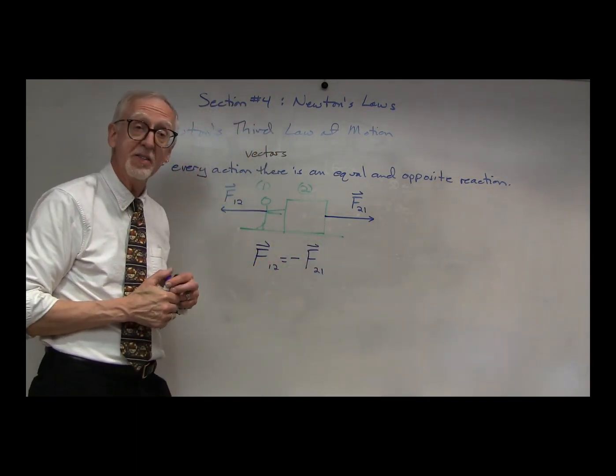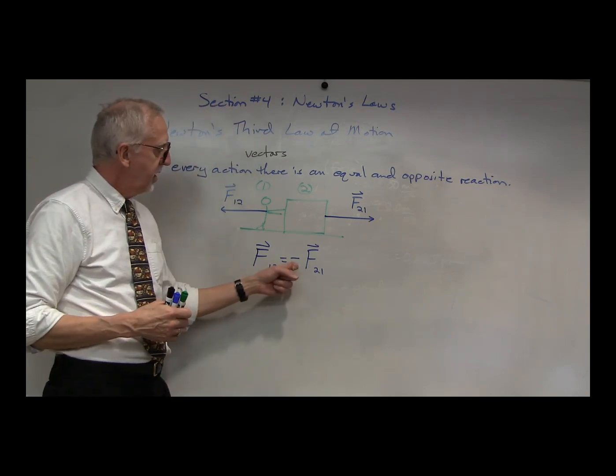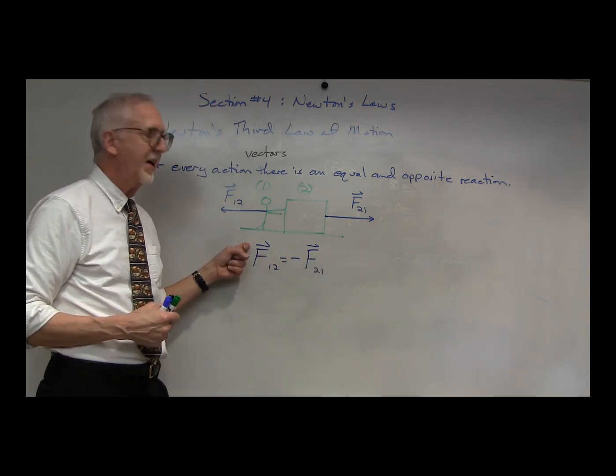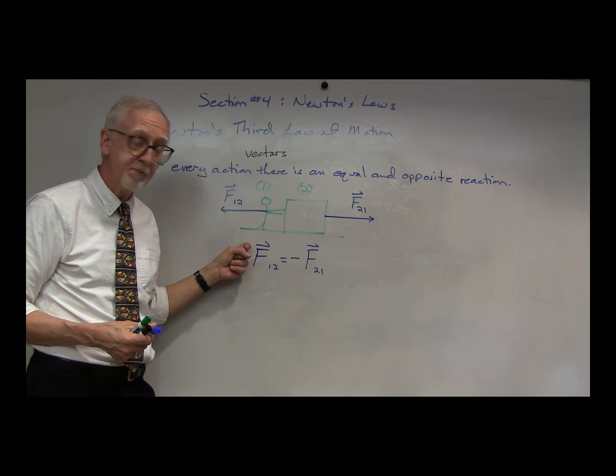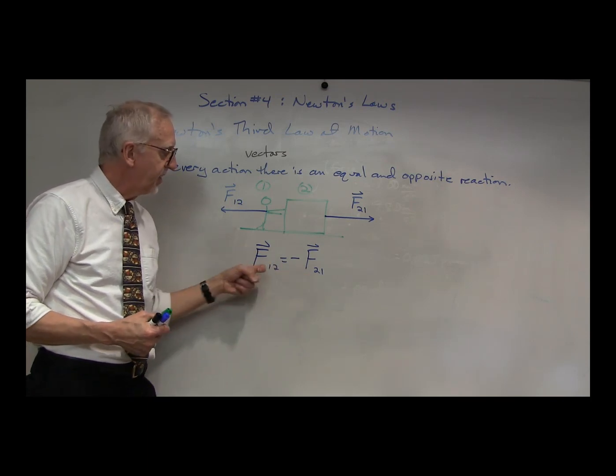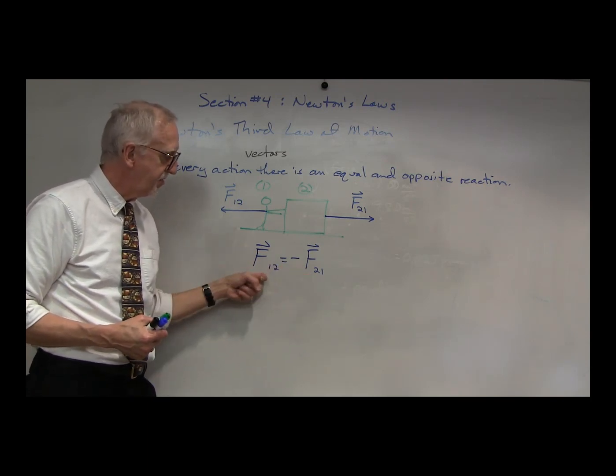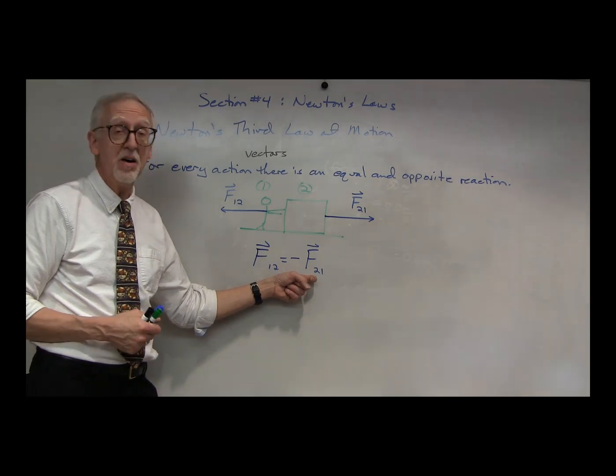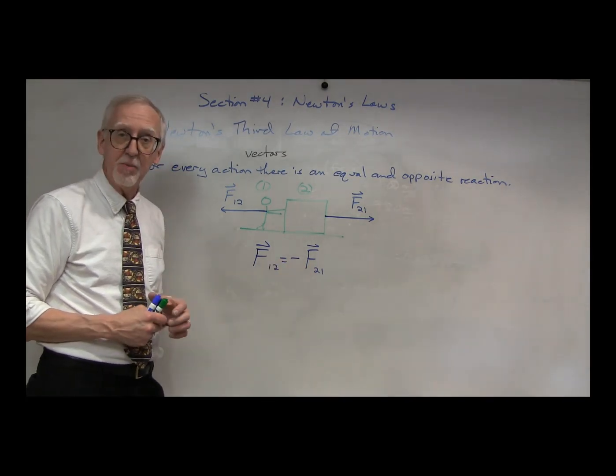And we can put that very simply as a vector equation. The negative sign tells us that these two vectors must have opposite directions, but the fact that the vector equals an opposite of the vector, the magnitudes have to be the same.